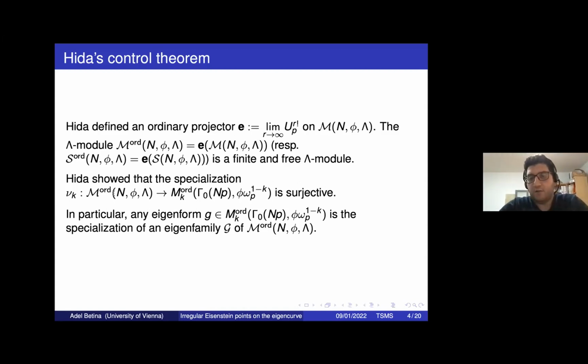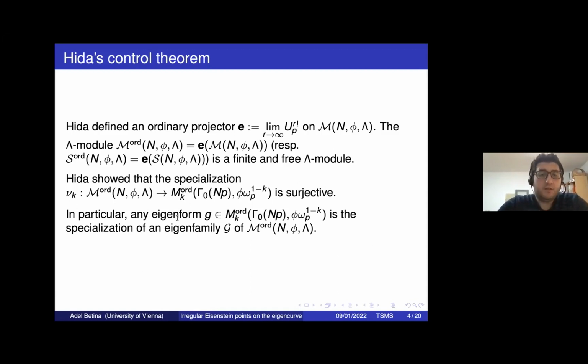And he showed that the lift is unique when k is greater or equal to 2. In weight 1, this doesn't work, but you will land in a bigger space. It's overconvergent. I will introduce it after. But in weight 2 or more, you will land in the space really of modular forms.